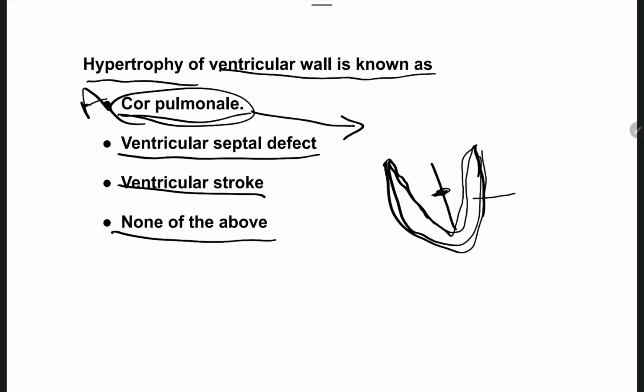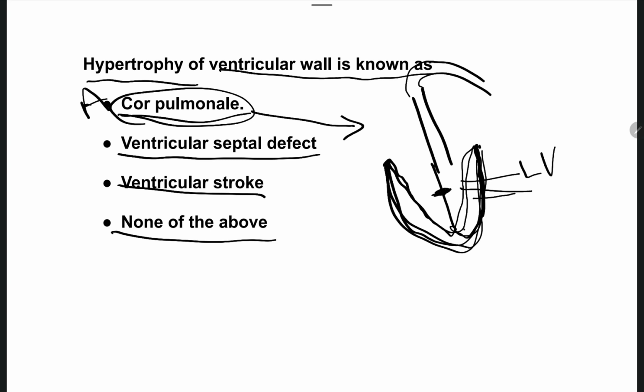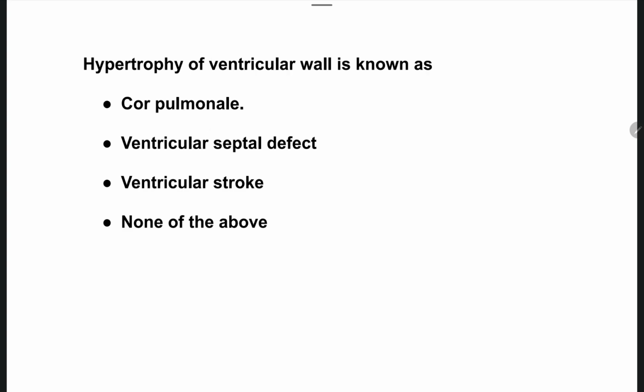Due to the septal defect, there is a connection between the two ventricles, so the left ventricle has to pump the blood all over the body, so it has to work very hard, so it leads to the thickening of the left ventricle. In the same way, when the ventricular walls have hypertrophy, it is nothing but an increase in the size of the cell. So this condition is known as cor pulmonale.